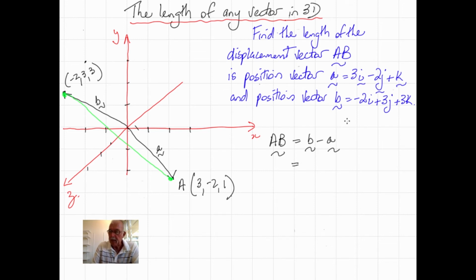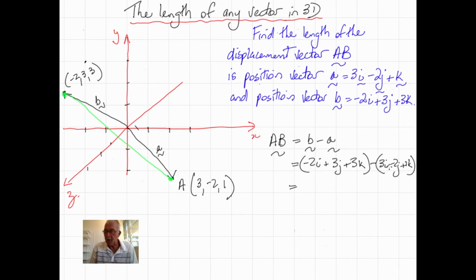So vector B is equal to -2i plus 3j plus 3k. And from that, we've got to subtract vector A, which is 3i minus 2j plus 1k, or just plus k. Be very careful with a minus here because we've got to change all these signs.